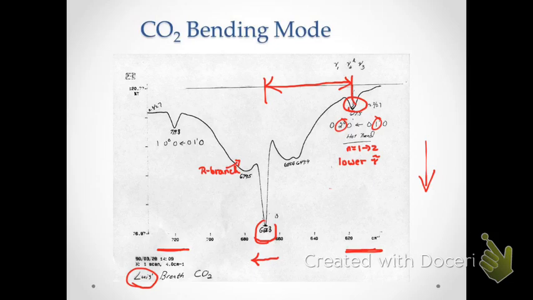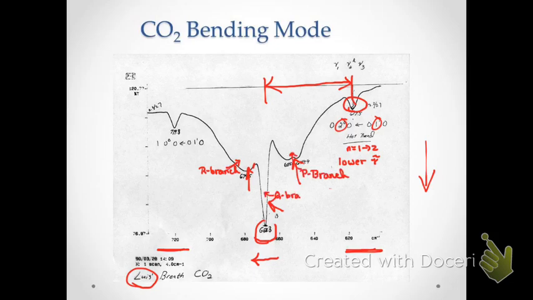We'll also note this structure where we appear to have 3 overlapping peaks. There's 1, there's 2, there's 3 in the bending mode, due to rovibrational transitions, which we talked about in an earlier video. The one at the higher frequency is the R branch.